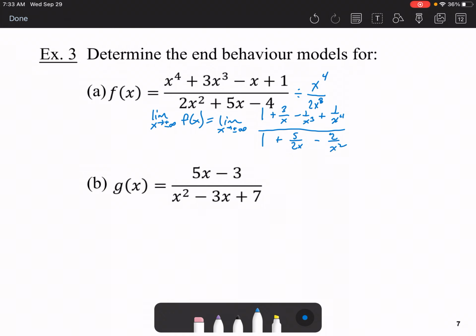Well, all parts of these go towards 0. This is going to give me a value of 1, which is exactly what we want for our end behavior model. So therefore, let me change this back to red.